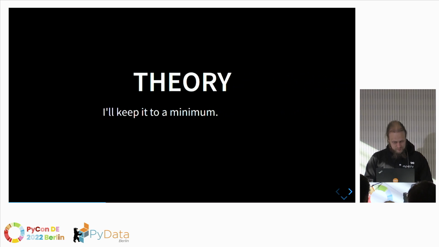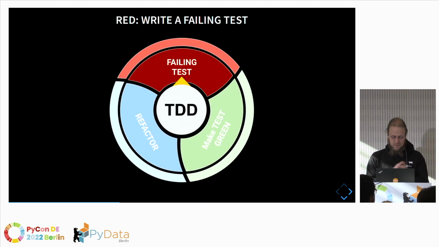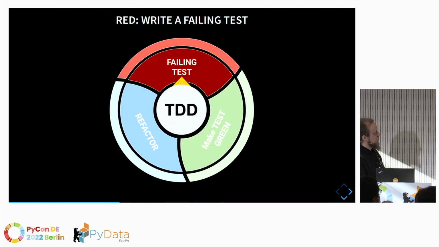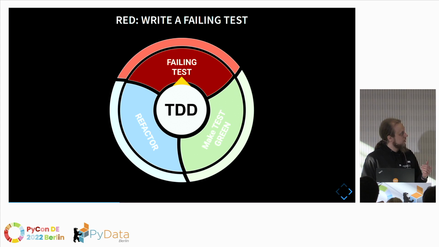Okay. Theory, just a little bit, but I'll keep it to a minimum, promise, because it's boring. With TDD, we always start with a failing test. We write a minimal test which tests some part of the code or a feature we want to write, and it has to fail. We check that it fails, because a test which we write first and doesn't fail is not very useful.